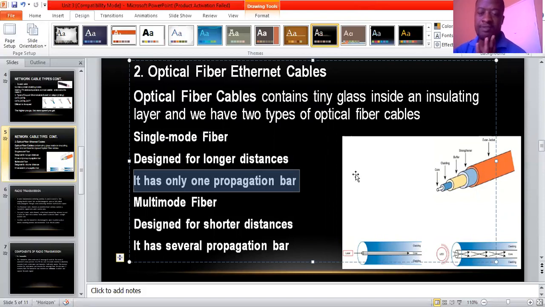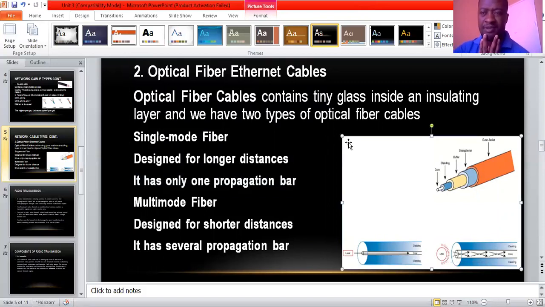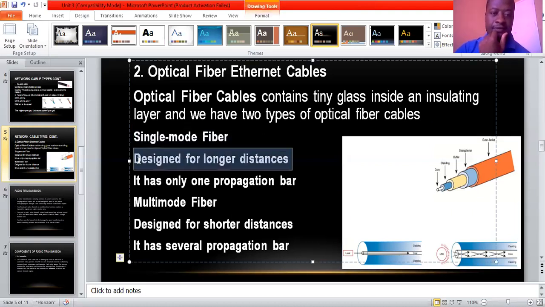People, for this you just have to understand these basics. We don't need to go that deep in scrutinizing the differences between all these cables, but just get a bit of understanding between these types of cables. So the single mode fiber cable is designed for longer distances.